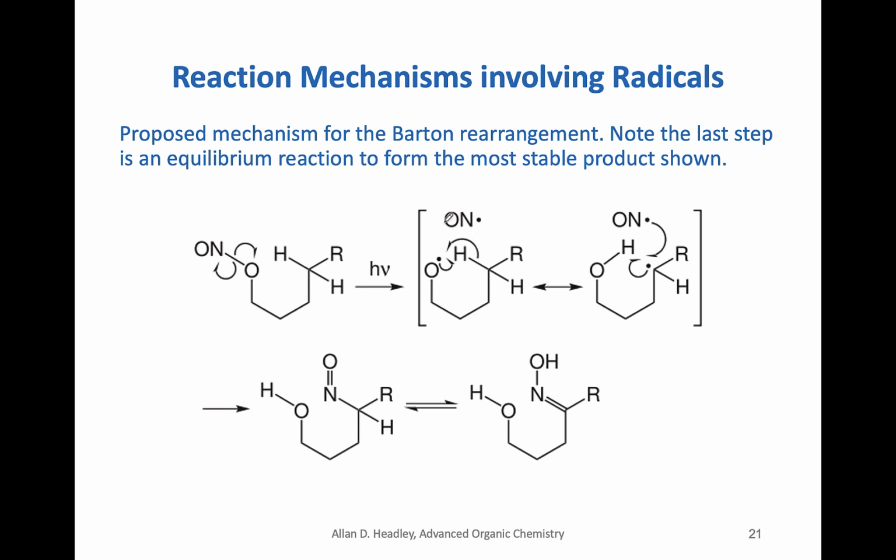So we have two radicals. Initiation. This radical here, we know we need a hydrogen. So this hydrogen migrates over here. Of course, it's close enough. I shouldn't say migrate, but it reacts because it's close enough to react.